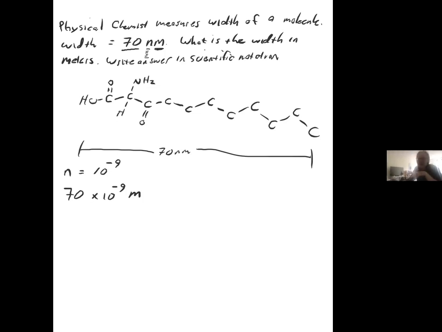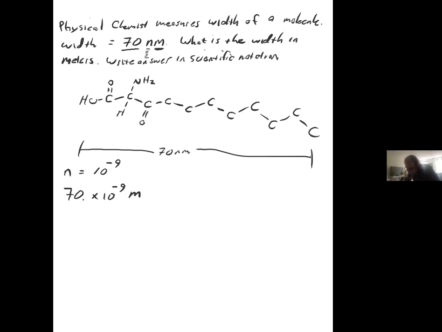If I sent you into a laboratory and you came back and you said it's 70 times 10 to the minus 9 meters, I'd say, perfect, good job. But they want this in scientific notation. So let's go through how we deal with that. Again, you locate, even though it's not shown, the decimal point is after the 0 in 70.